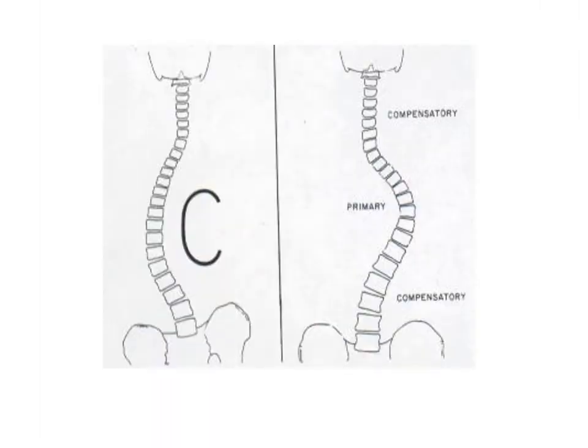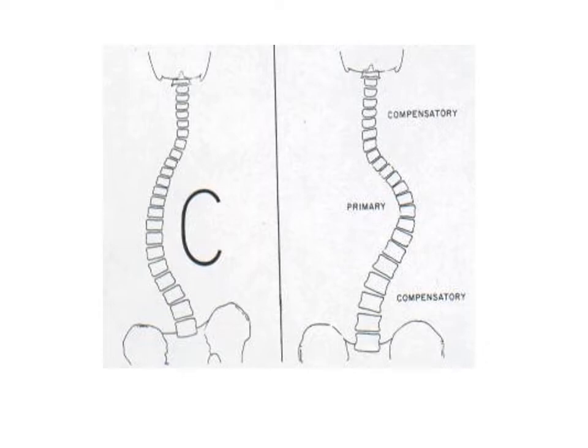You may see two types of curves in the spine. One is a C curve and another one is the S curve. The C curve is the most common one you will see, and you can see in this picture the primary curve, and you may see the compensatory curve.